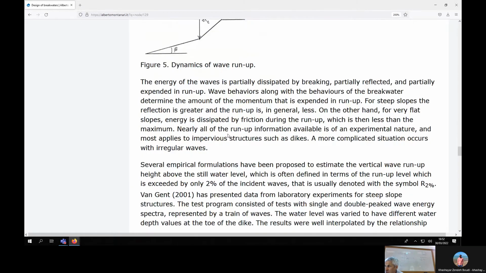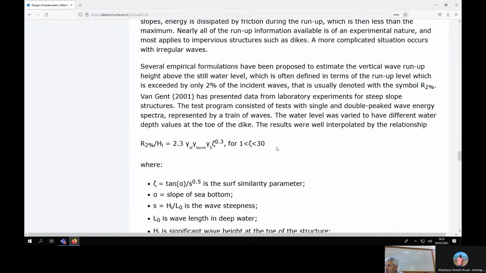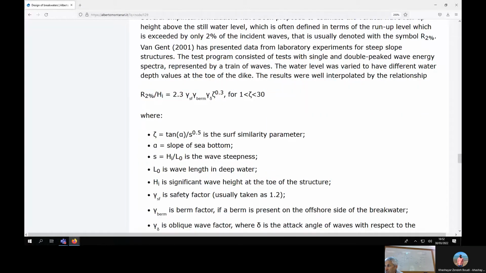For several reasons. And here there is an example of a formula. The run-up is important because, of course, you may be interested in estimating if a breakwater could be overtopped or not. This is the first reason why it's important.